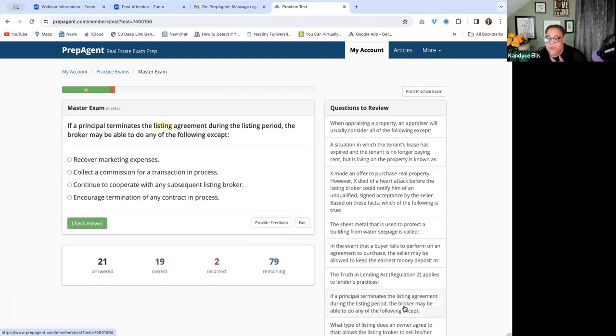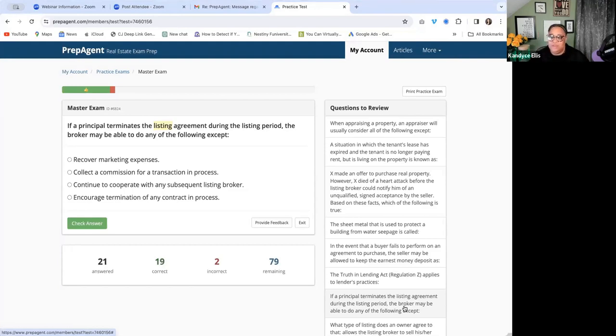If a principal terminates the listing agreement during the listing period, the broker may be able to do any of the following except: A, recover marketing expenses; B, collect a commission for a transaction in process; C, continue to cooperate with any subsequent listing broker; or D, encourage termination of any contract in process.